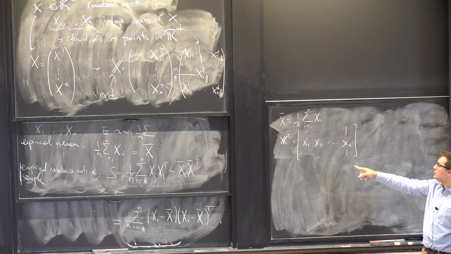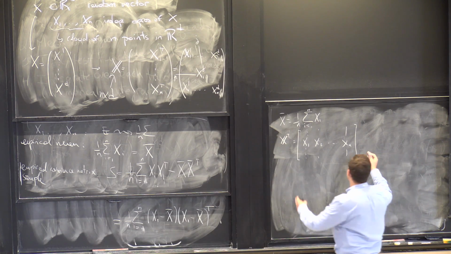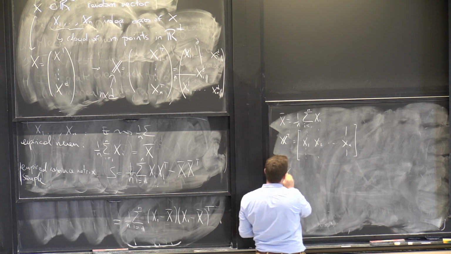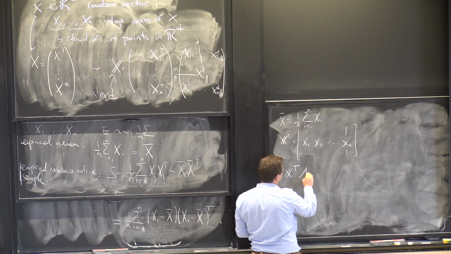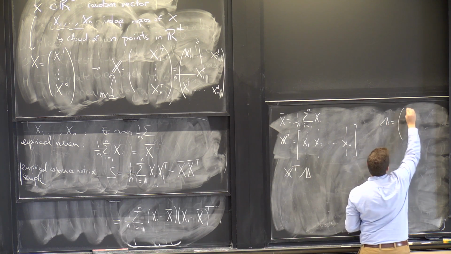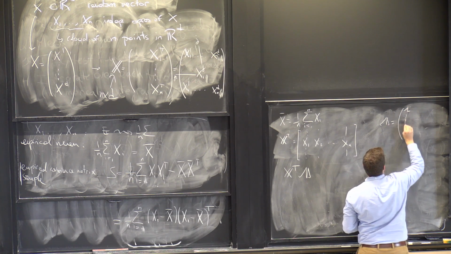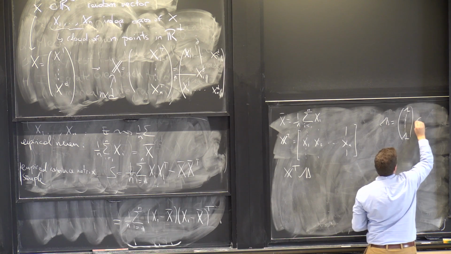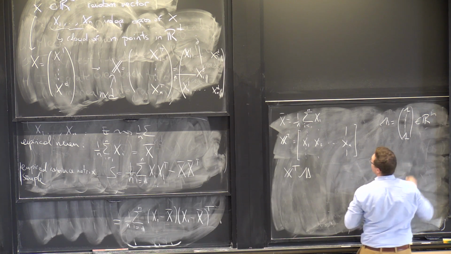So if I want to sum those guys, I can multiply by the all ones vector. That's the definition of the all ones vector. It's just a bunch of ones in Rn in this case.